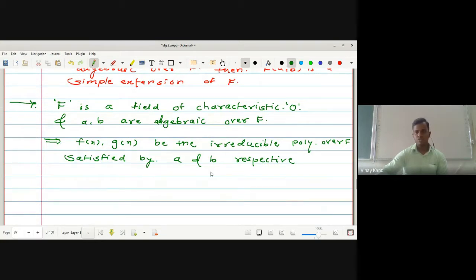These are the irreducible polynomials, that is, minimal polynomials for a and b. Now let the degree of f(x) be m and the degree of g(x) be n.